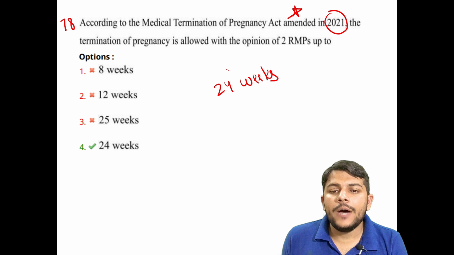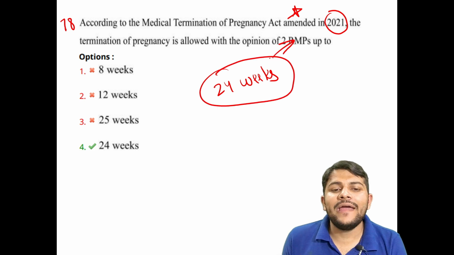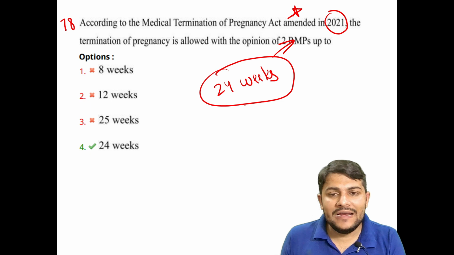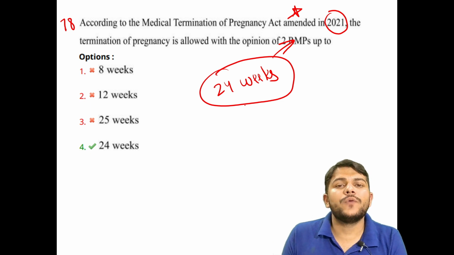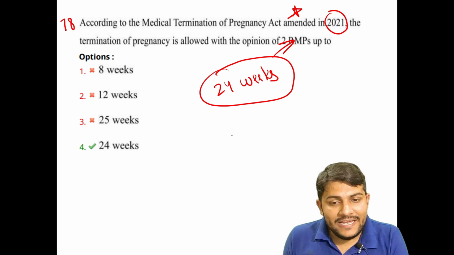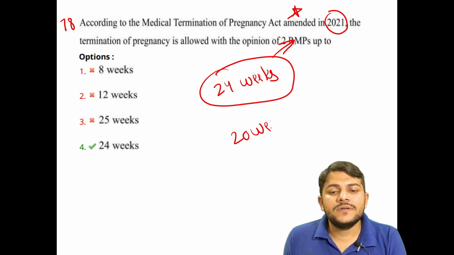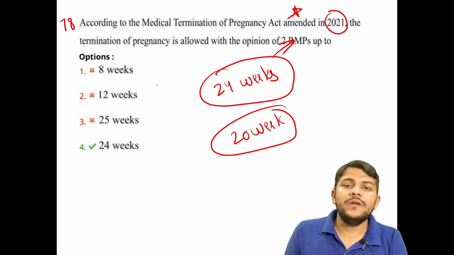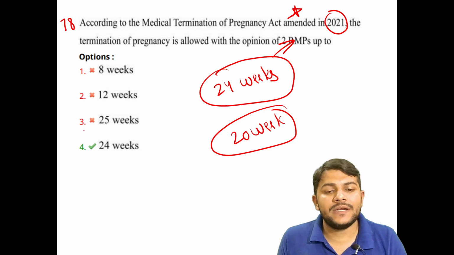So up to 24 weeks, two RMPs can terminate the pregnancy. Before the amendment of 2021, they could terminate up to 20 weeks, but it was raised to 24 by the 2021 amendment of the MTP Act.